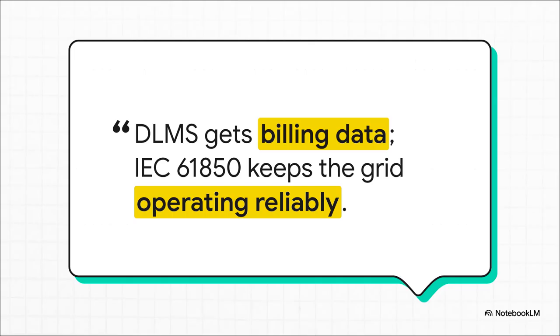You know, when you boil it all down, it's really this simple. One language is for accounting, and the other is for action. DLMS handles the business side of things, making sure the energy consumption numbers are right, and IEC 61850 handles the raw physics of energy delivery, making absolutely sure the lights stay on for everyone.